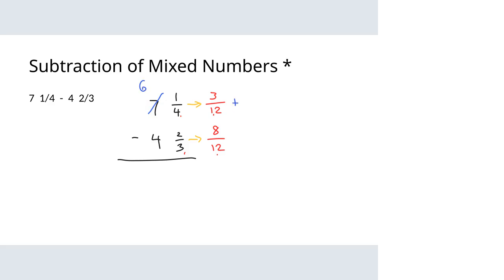I've borrowed 1 that I'm going to use with my fractions. So for right now, 7 and 3/12 is the same as 6 and 3/12 plus 1. Is that okay? I'm sure you're not the only one having this question, Courtney, so you're just the voice of several others.